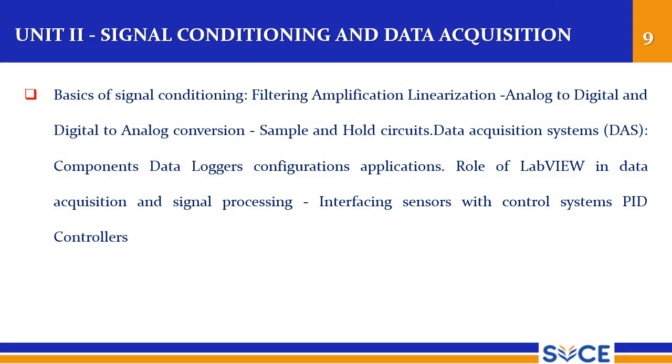Unit number 2, signal conditioning and data acquisition. Again, signal conditioning is very important concept in sensors. Suppose you have a sensor, and sensor normally produces in terms of signals only. These signals are non-understandable. You cannot understand anything. You cannot extract any data from these raw signals.